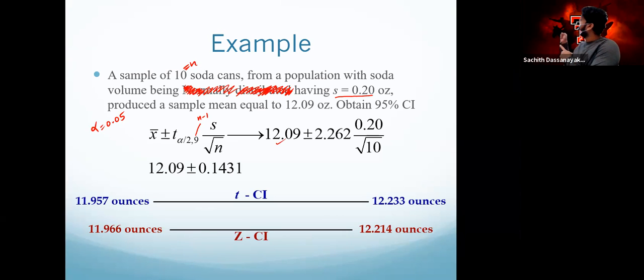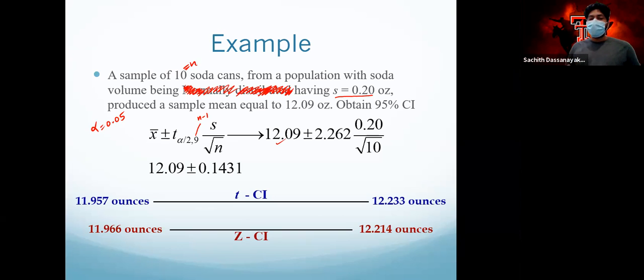So you can check these values for the T confidence interval and Z confidence interval. In general, T confidence intervals are much wider than Z confidence intervals under the same scenario.